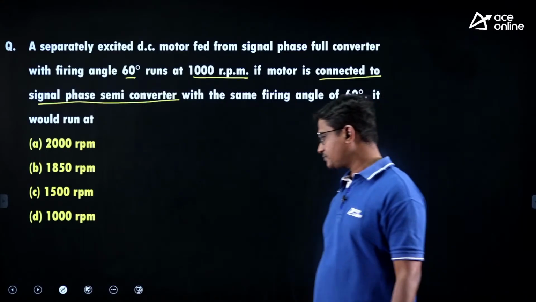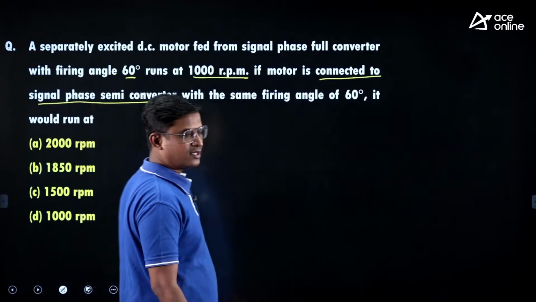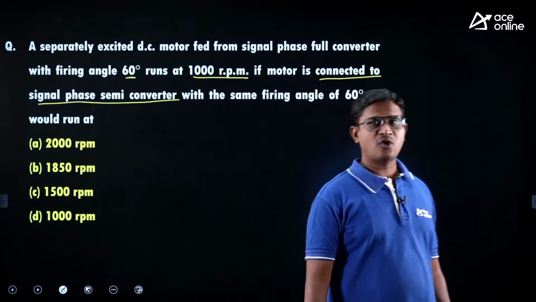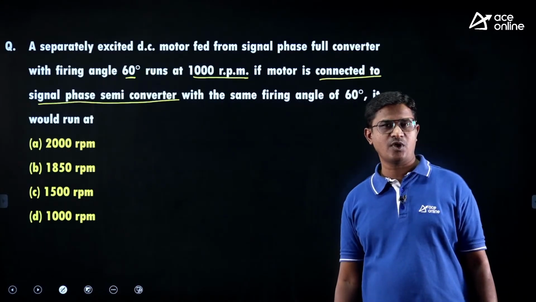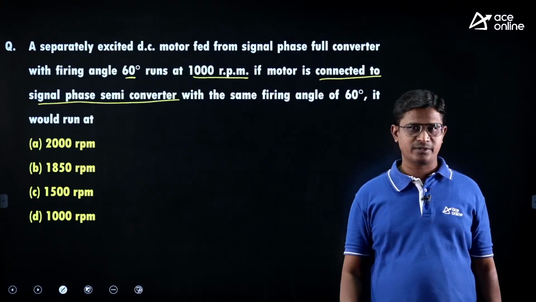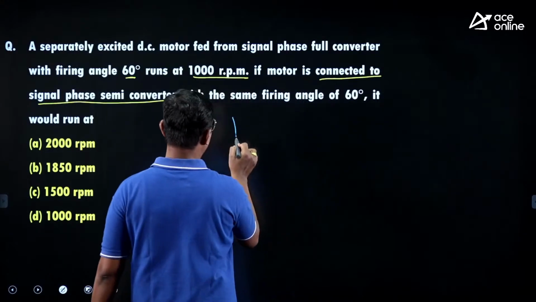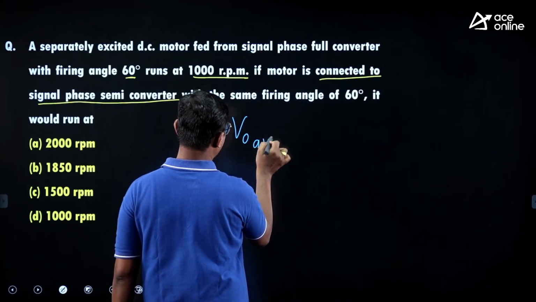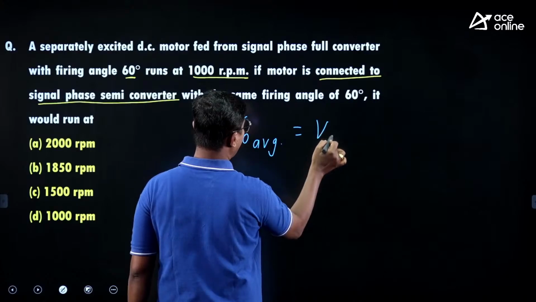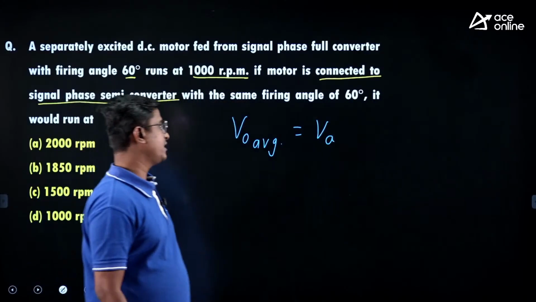First thing here, recall the block diagram of the electric drive system. In the block diagram of the electric drive system we have shown the output of the converter is given as an input to the motor, right? So my output of the converter, that is V0 average, is nothing but the input to the motor.